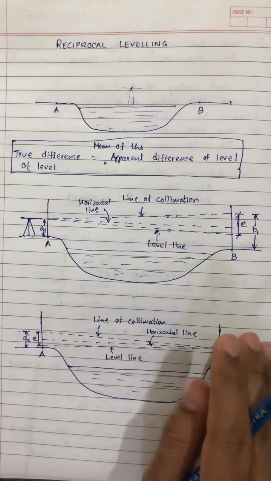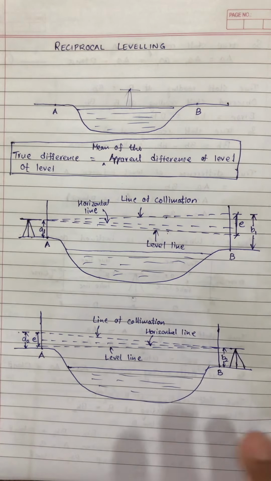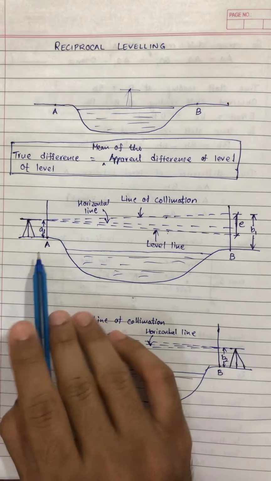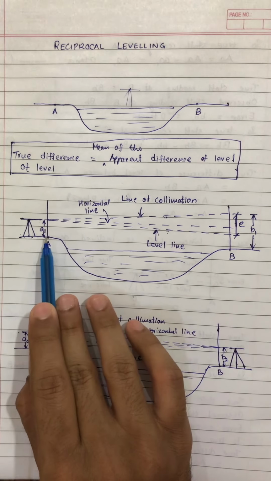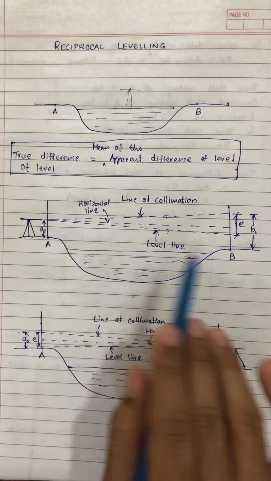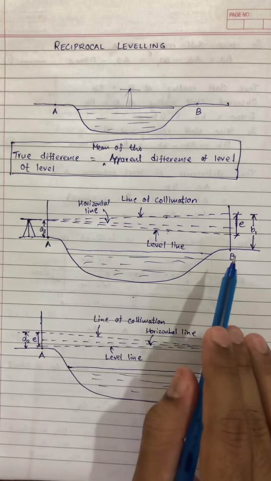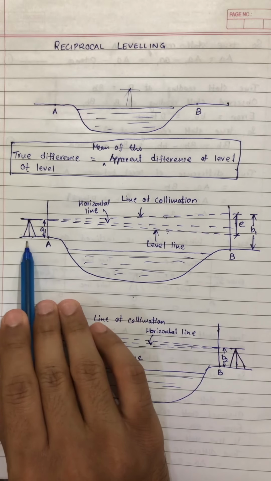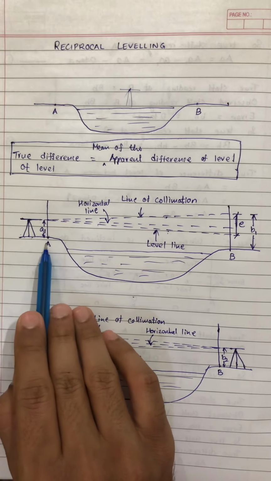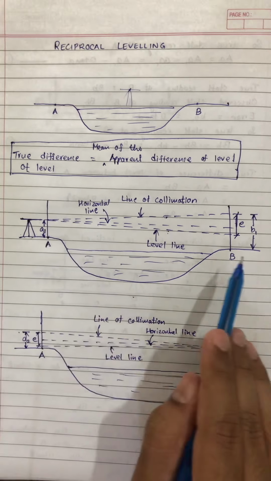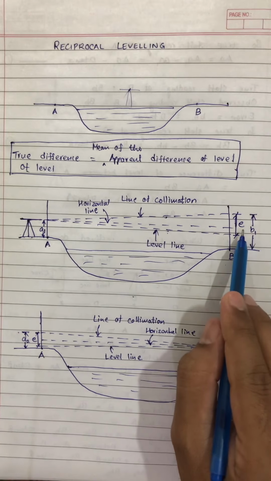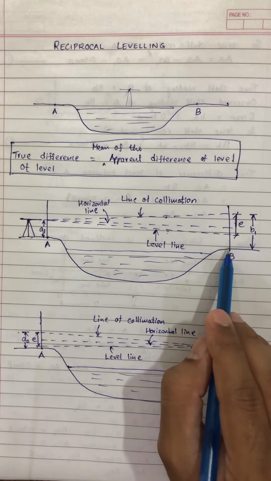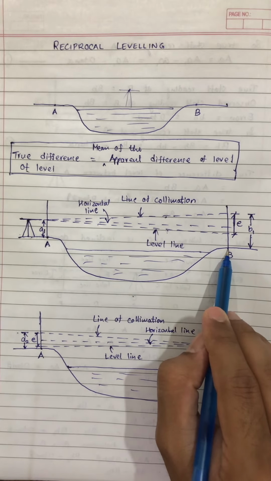So in reciprocal leveling, we have to conduct two sets of operations. One where we will first place the leveling staff at both the banks of the river. Then we will set up the leveling instrument near to point A staff, and then we will take the readings on both A and B. One person will be standing holding the leveling staff at point B also. Okay.